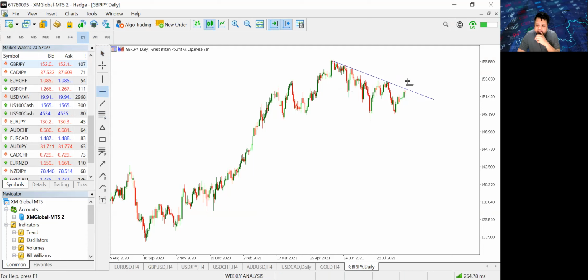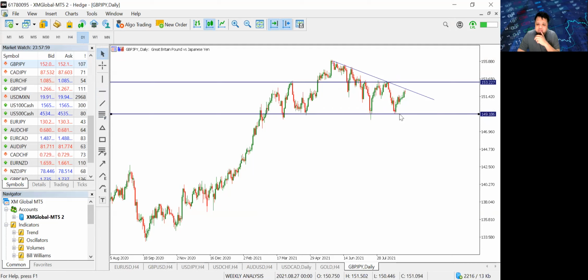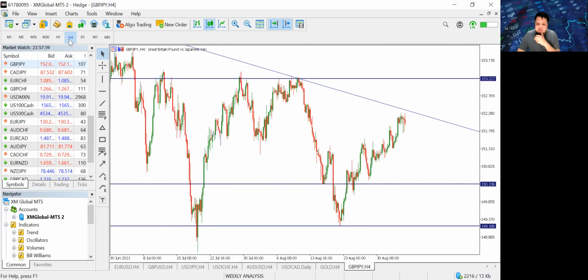However, where's the resistance? Pwedeng ito. And then where's the support? Probably this one. There's a more immediate support though, somewhere here. Now let's check the H4. Pwede. Pwede ngang agad-agad eh. Alright.